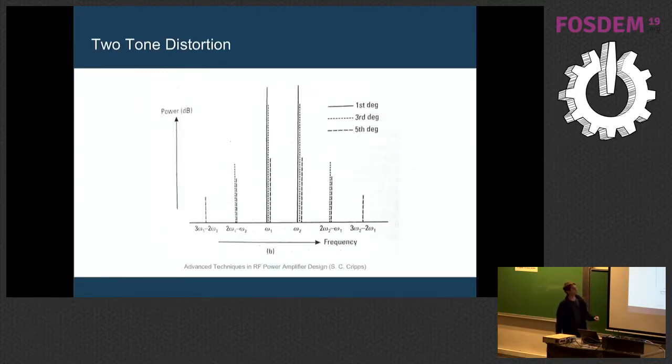I love this picture, and I love what the projector is doing to it. It's a star field. So we look at the fundamental tone here. That's our ideal result. We're actually getting a little bit of power from the third degree and the fifth degree. So this is the power contributions stacked up on each of these tones.